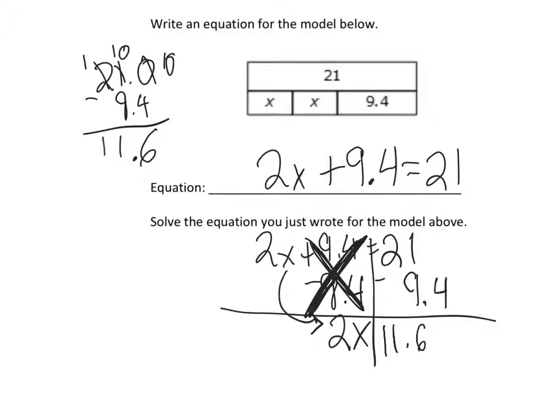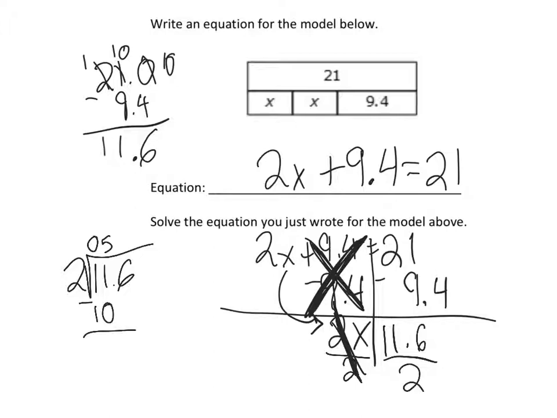From here we need to divide still. So we have to divide by 2. What we do to one side we have to do to the other. These 2's cancel out. And then I'm going to do my division over to the left. I do top in and the bottom outside the box. 2 goes into 1 0 times. 2 goes into 11 5 times.